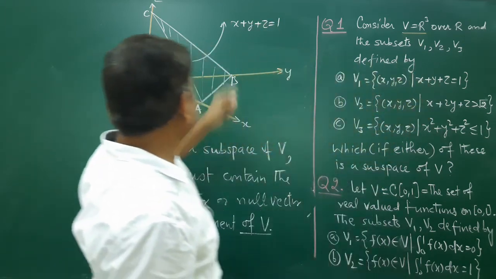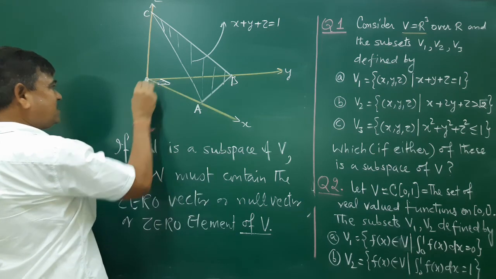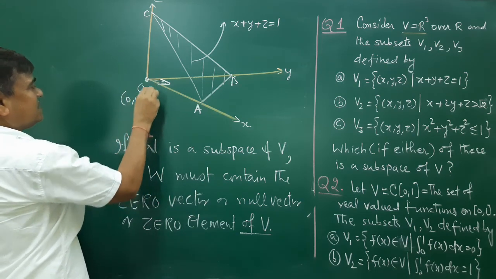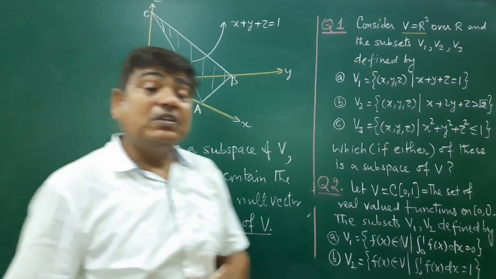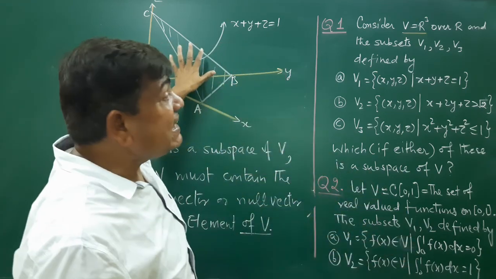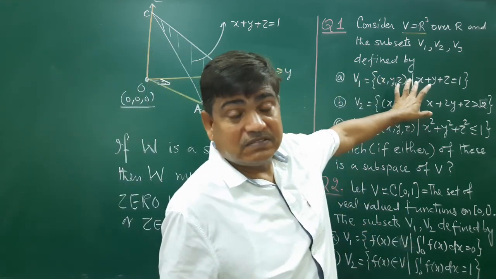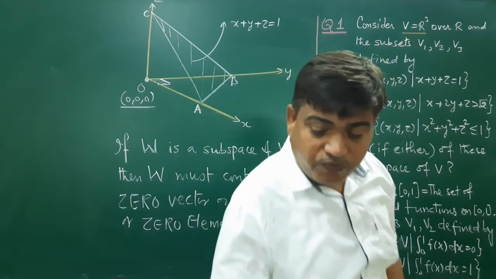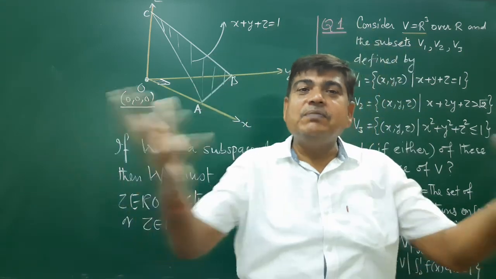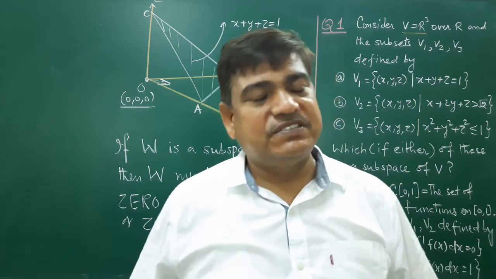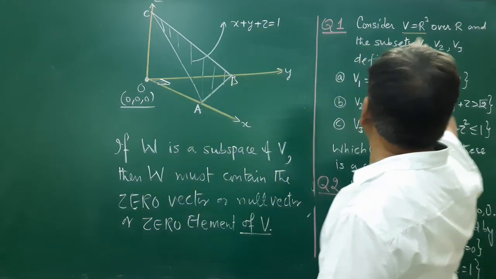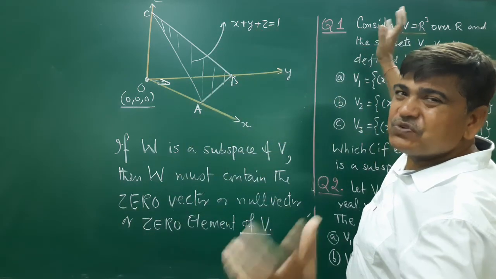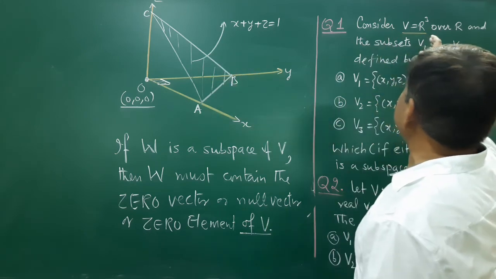Here it is. This is the origin. You remember, this is 0, 0, 0. So all the points lying on this plane are the members of V1. And what is V? V is the collection of all the points in three-dimensional space. So this is a part of R cubed, that means this is a subset of this one.